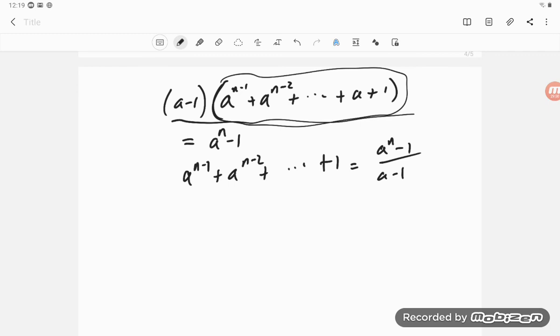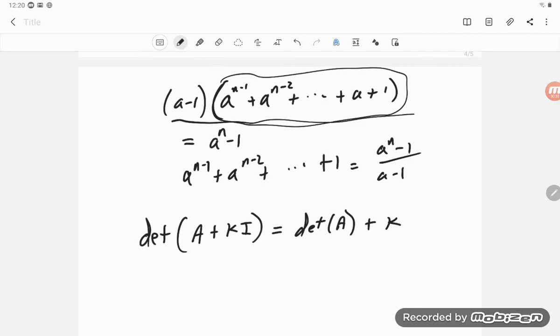But here's the thing: if I take a matrix A and I want the determinant of A plus some constant, we'll say k times I, it turns out that determinant is the determinant of A plus k.